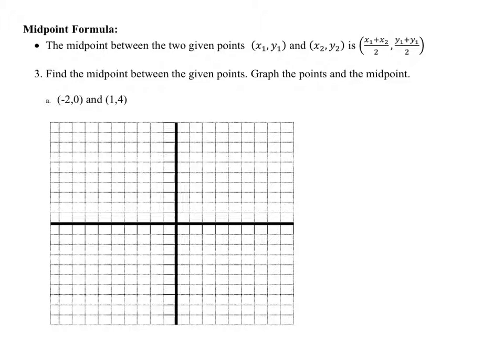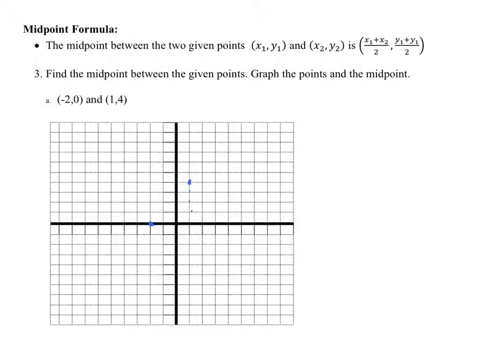These are the 2 given points that we had on the previous slide, and I would like to graph them before I talk about the midpoint formula. So (-2, 0) is right here, and (1, 4) is right here.